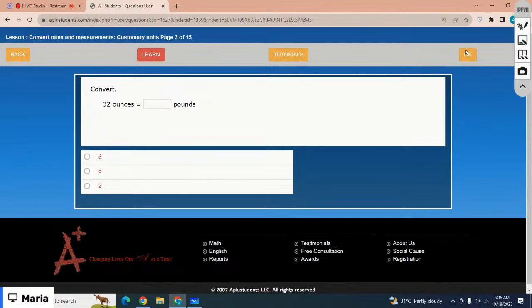You are given 32 ounces, so the correct option is 2 pounds. 32 ounces equals 2 pounds.